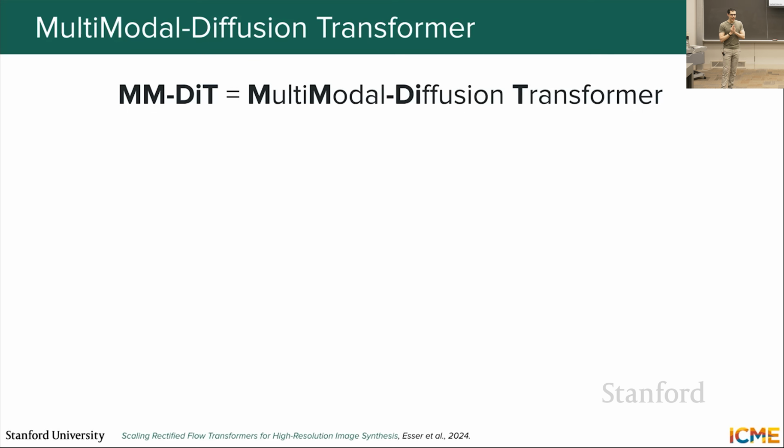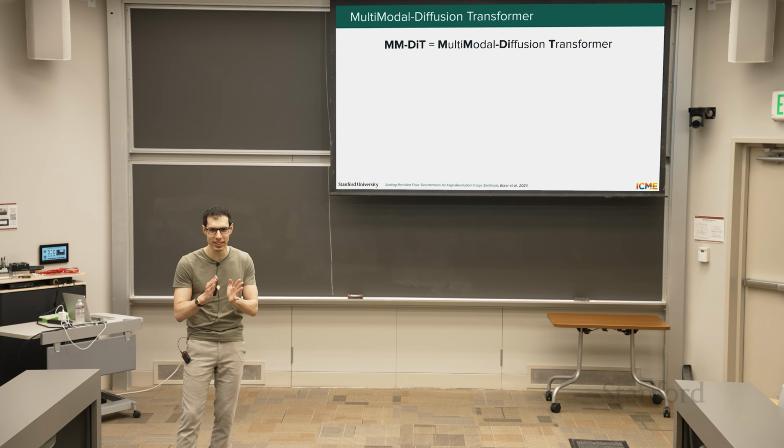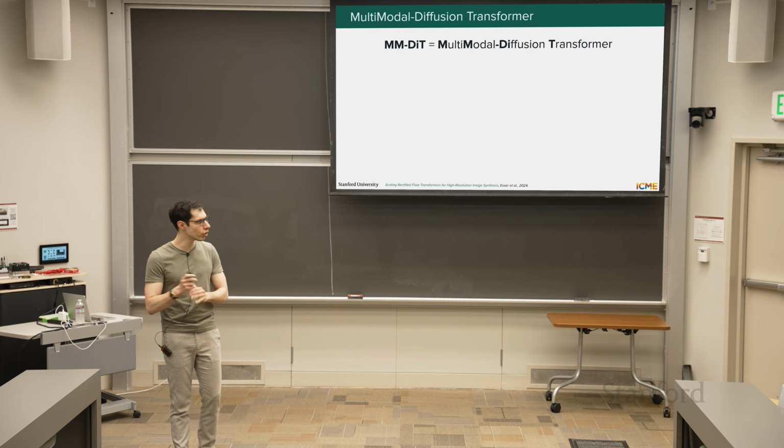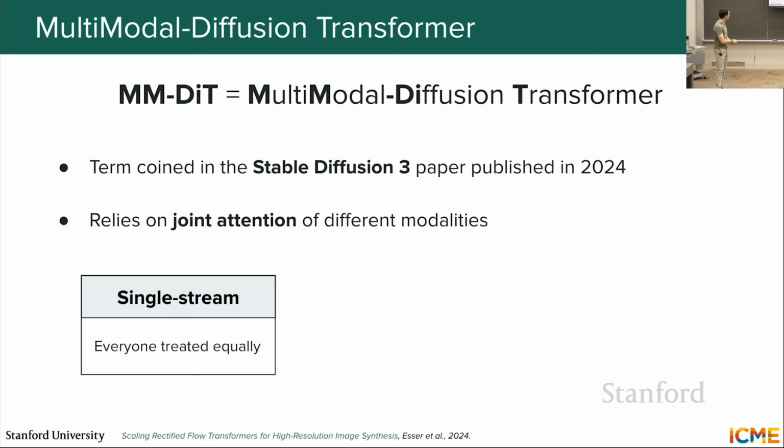And the name of such an architecture was coined as being an MM-DiT. I don't exactly know how you would pronounce it, but I just go by MM-DiT. So Multimodal Diffusion Transformer. And this term was coined in a paper that's actually not that long ago, Stable Diffusion 3, that was published 2 years ago, so in 2024. And this relies on a joint attention of different modalities.